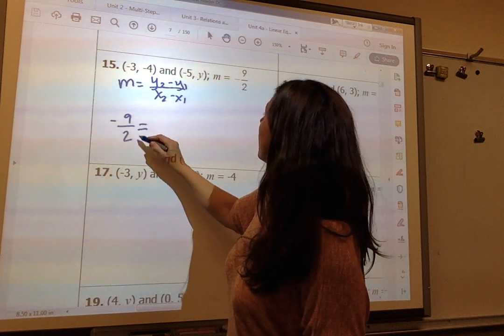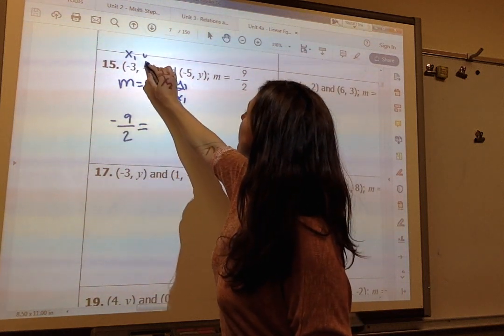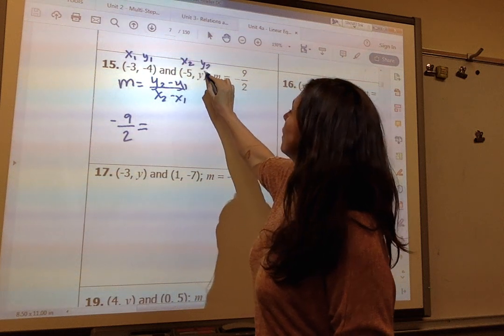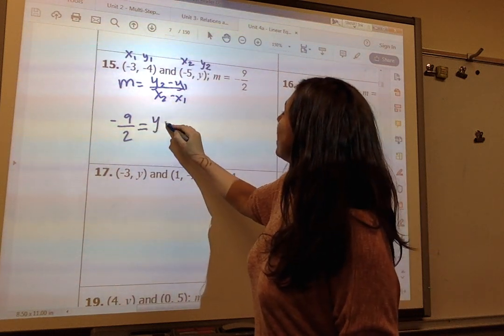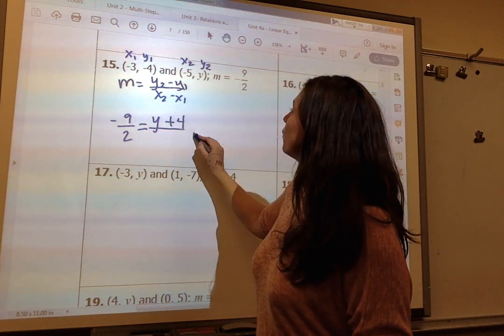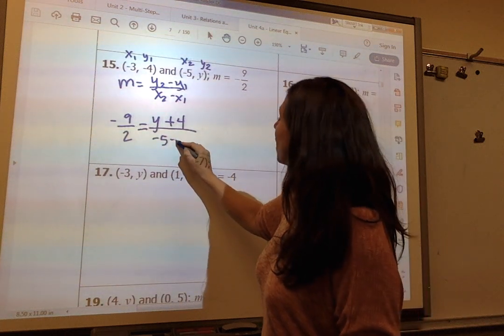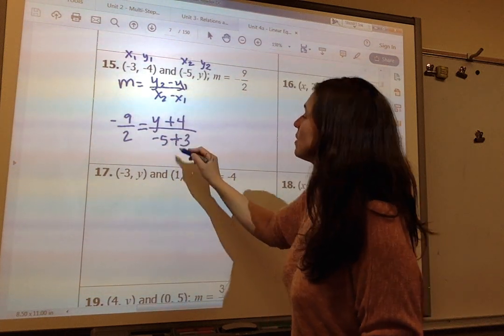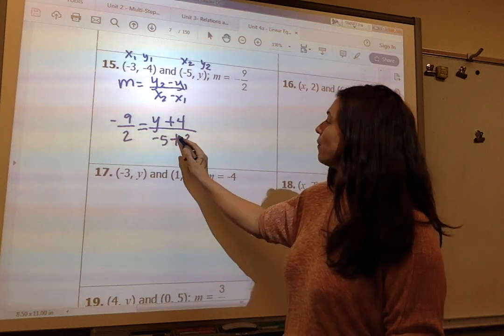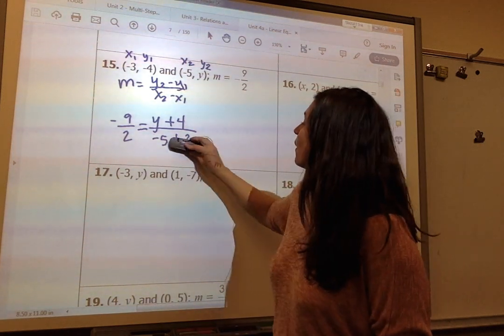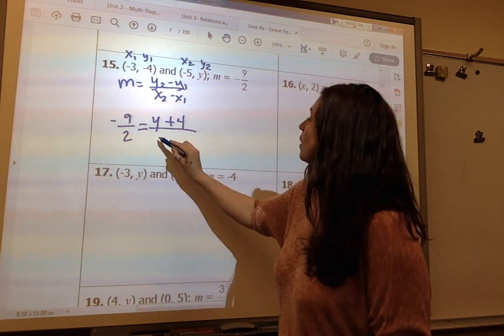Negative 9/2 equals, let's label these, y minus a -4, which is positive 4, over -5 minus a -3, which is positive 3. Okay, and then I can simplify this, and I can simplify that. -5 plus 3 is -2.